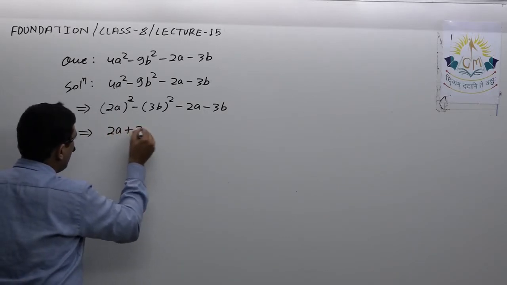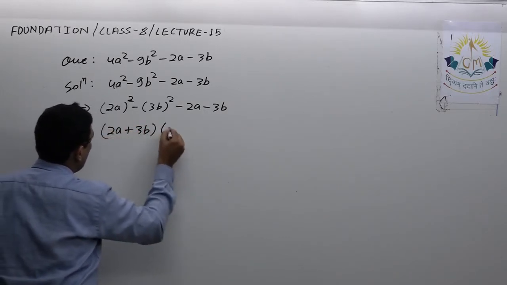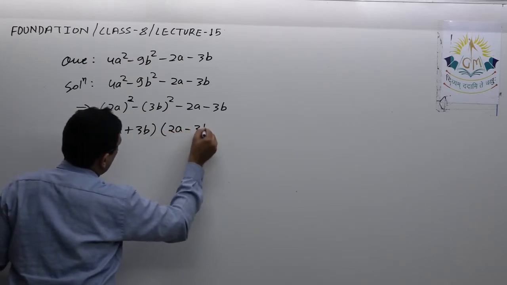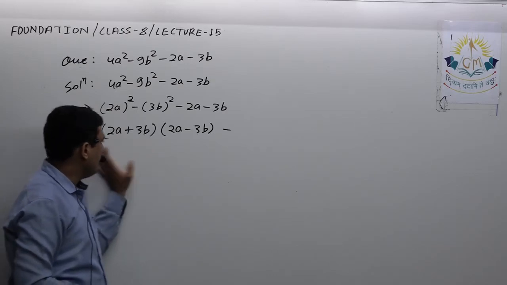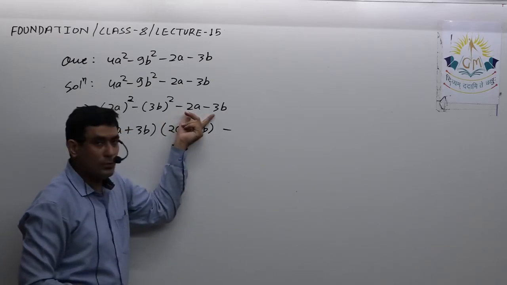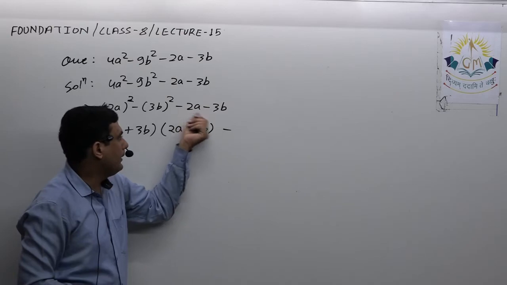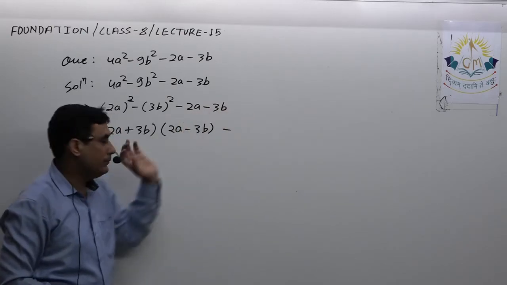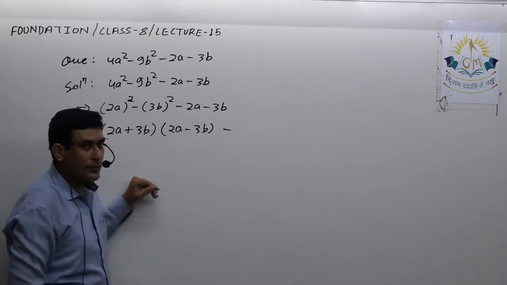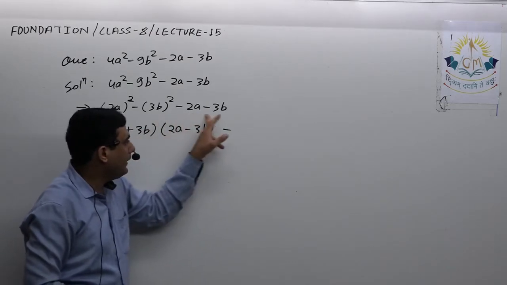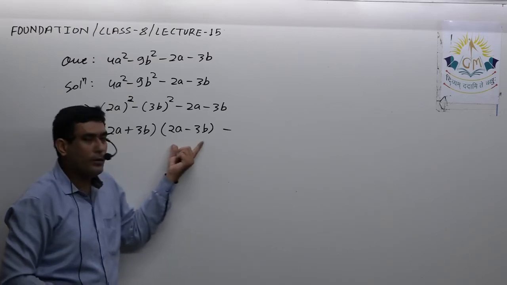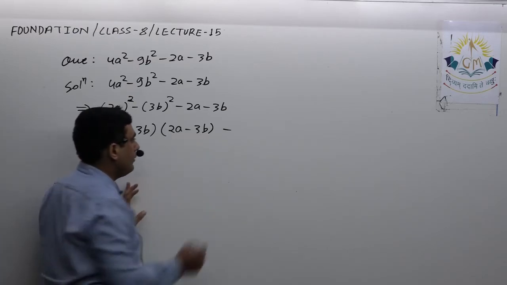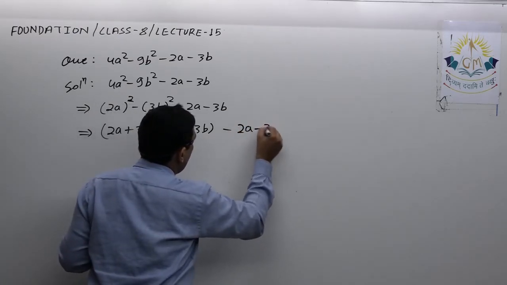Now if I see, this is the first term and these two terms, minus 2a minus 3b, make another term. So to factorize further, definitely this remaining part of the expression should have either this or this. Here it is minus 2a minus 3b.